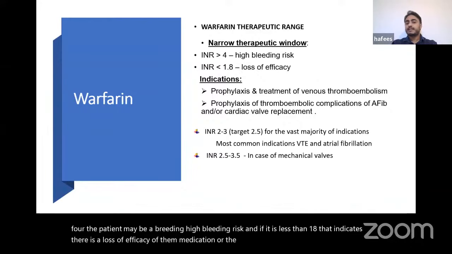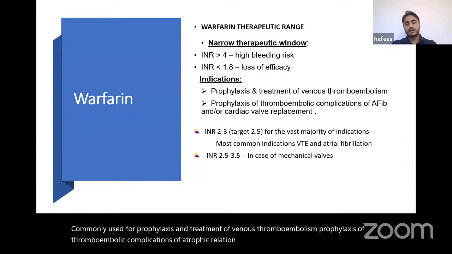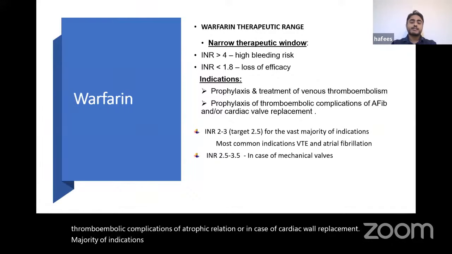Warfarin is most commonly used for prophylaxis and treatment of venous thromboembolism, prophylaxis of thromboembolic complications of atrial fibrillation, or in case of cardiac valve replacement. For the majority of indications, like venous thromboembolism or atrial fibrillation, the targeted INR range is 2 to 3.